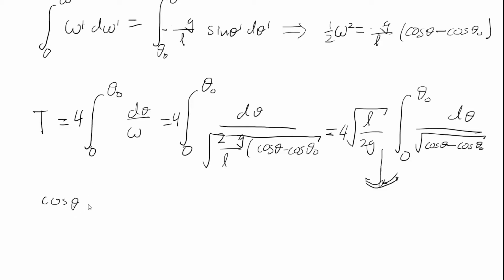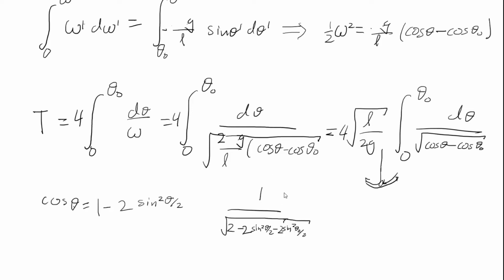Cosine theta is equal to 1 minus 2 sine squared theta over 2, and similarly for theta naught. So that gives us that the denominator is 1 over root 2 minus 2 sine squared theta over 2 minus 2 sine squared theta naught over 2.